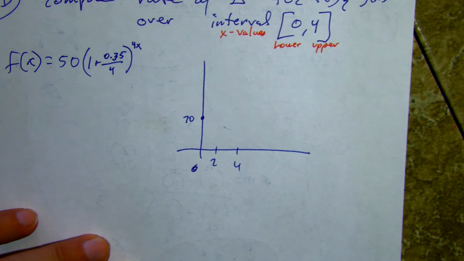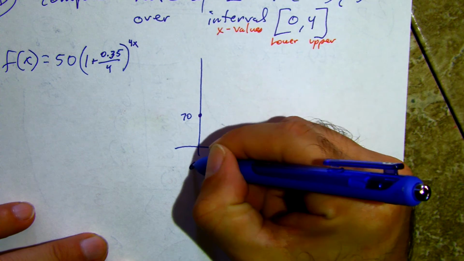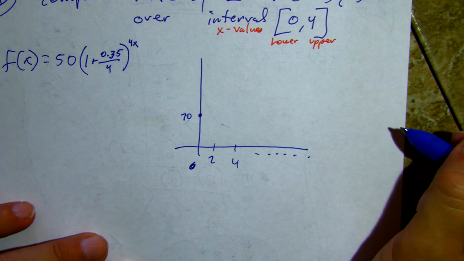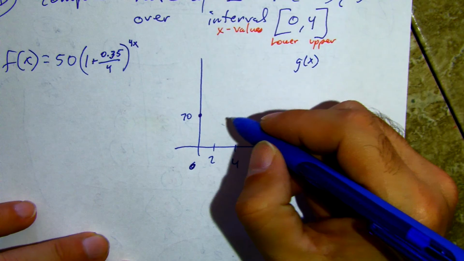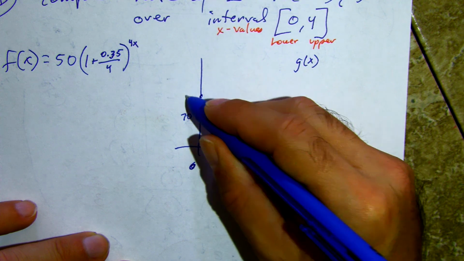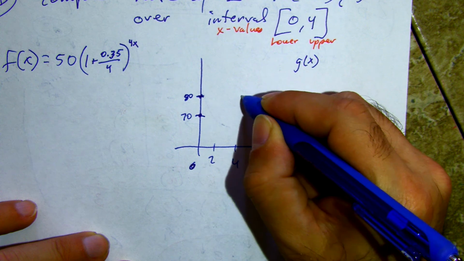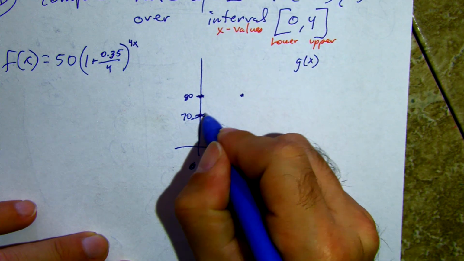Now I know that I'm just looking between 0 and 4 for my x values, so I'm going to put 0 and 4. A lot more is happening out here, but I don't really care what's happening in the graph there. So g of x is this graph, and at 4 it looks like we're at 80. Here's our function.